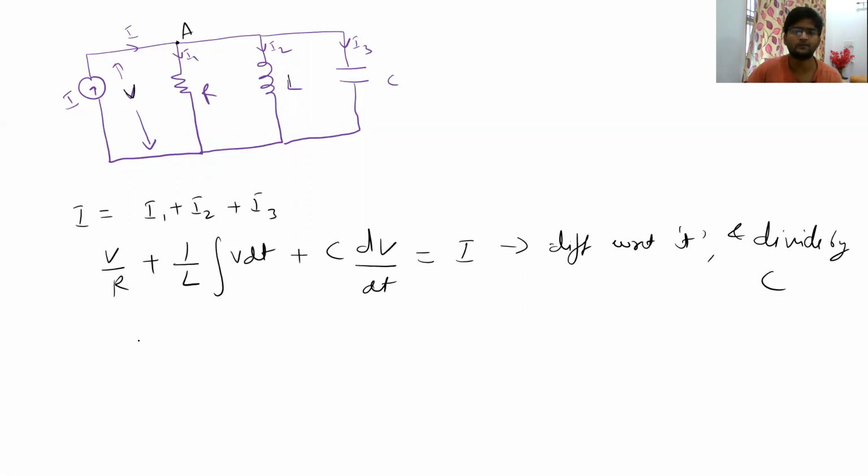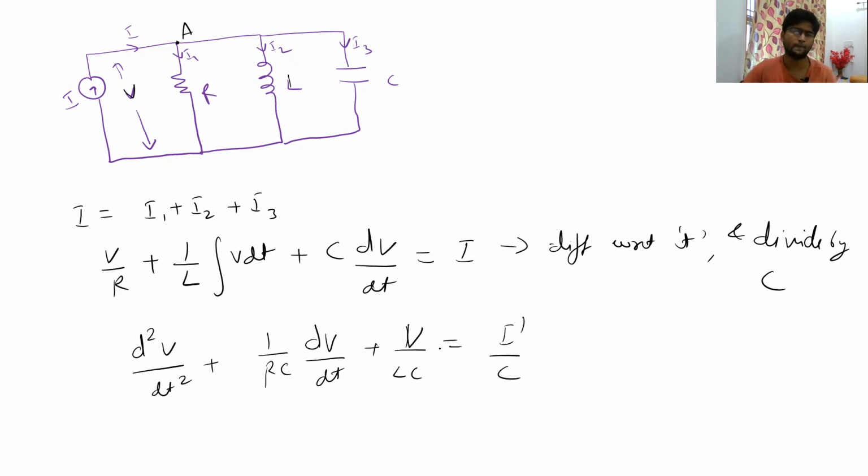So what we will get is d2v upon dt2 plus 1 upon RC dv by dt plus 1 upon LC, actually V upon LC, is equal to I dash upon C. So this is the equation you get.